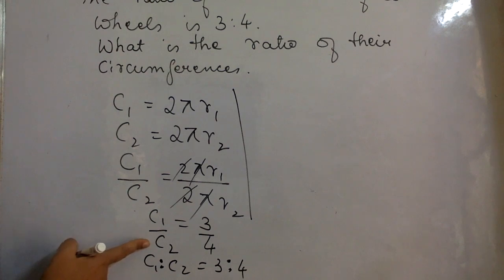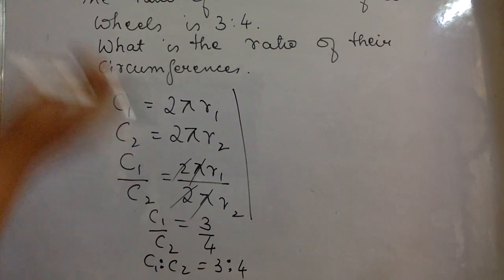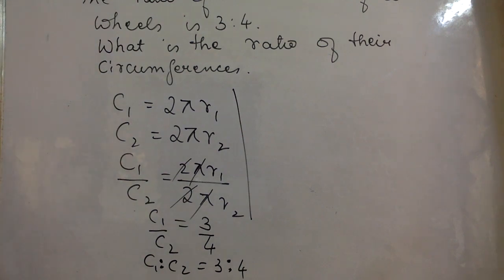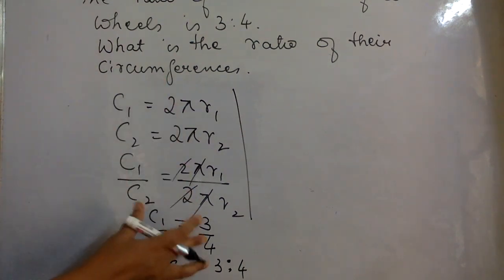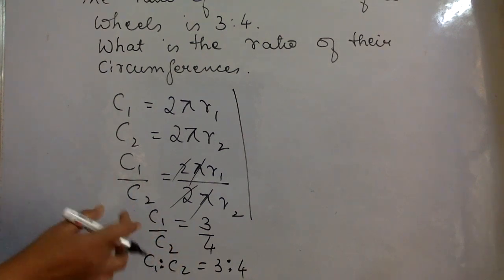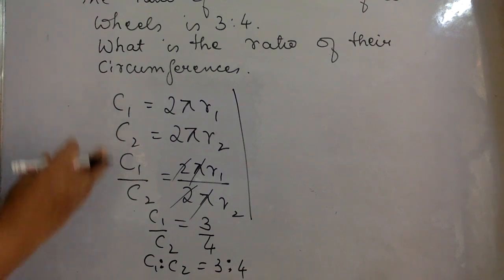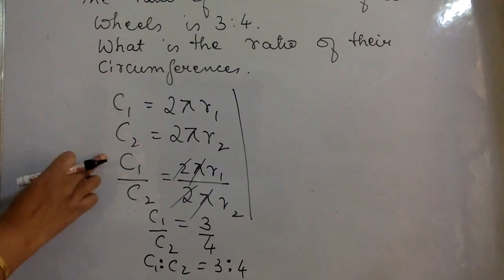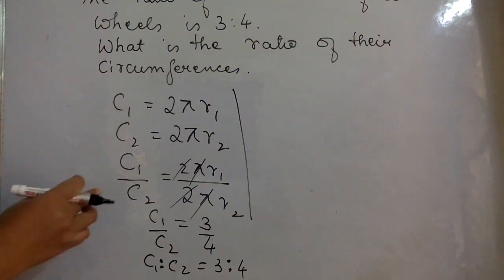So C1 is to C2 is equal to 3:4. Here in this sum, we didn't bother to take any 3x, any 4x, we just substituted and got our answer. So the trick is in the method, how you write down the values. This writing system helps you to get it really quick.